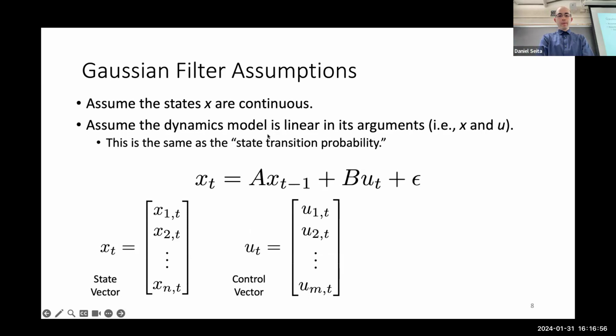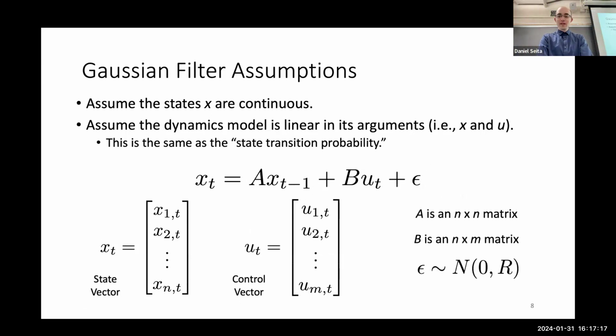Just a quick question: what do you think epsilon is here? You've seen this before, right? Epsilon is a Gaussian random variable, or multivariate Gaussian random variable.